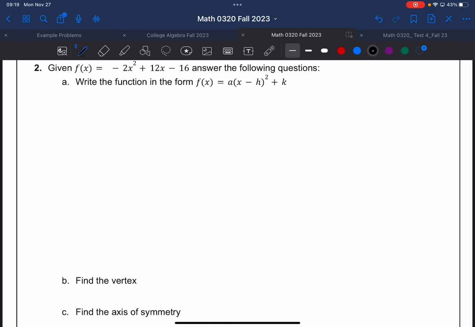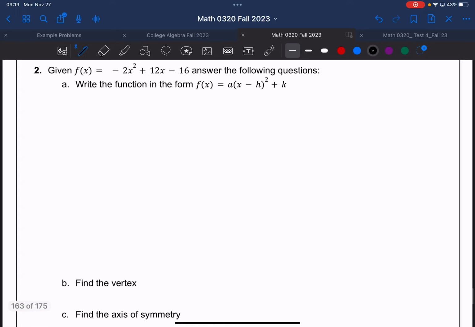Okay, number 2, it's asking us the same thing. So it's giving us a quadratic equation that is in standard form, and we need to turn it into vertex form. Okay, so I'm going to write my equation first.